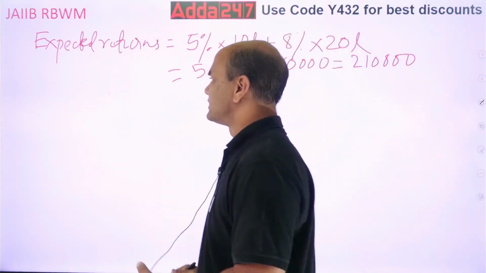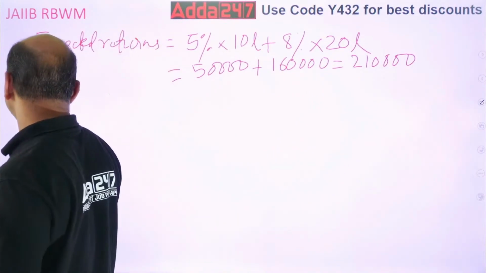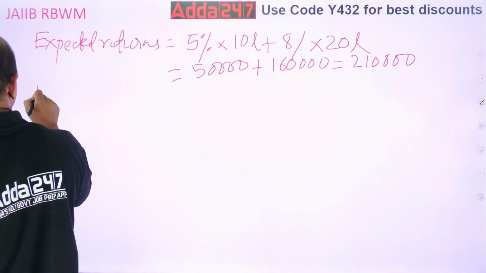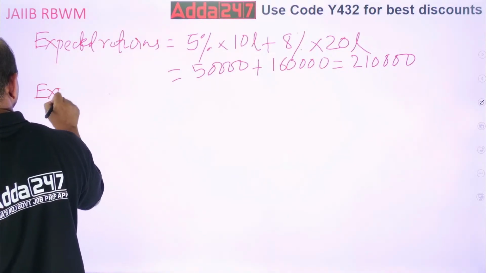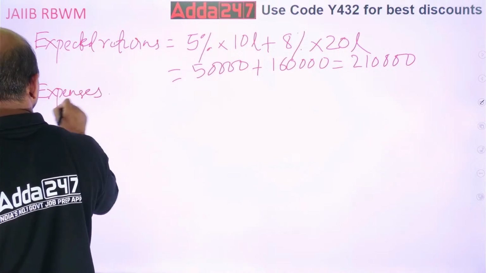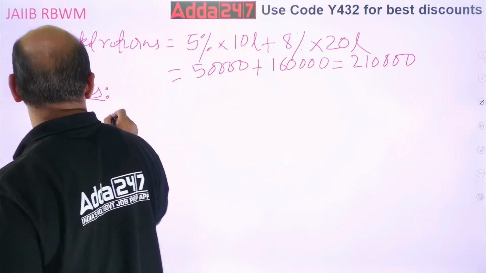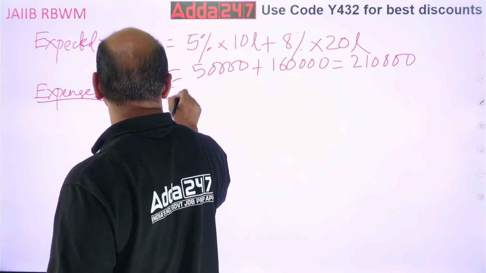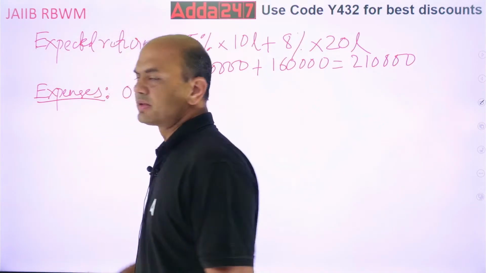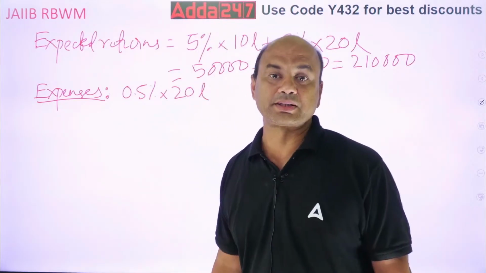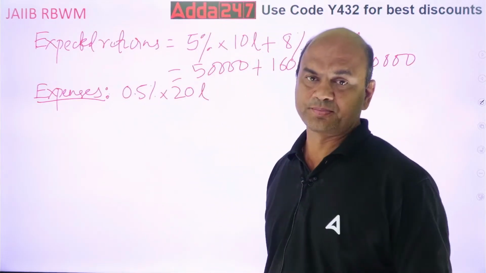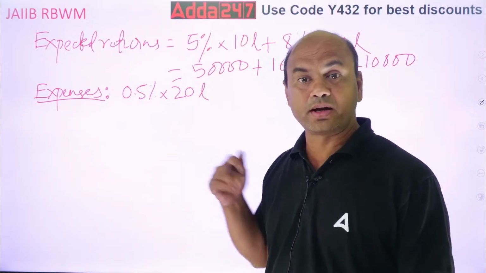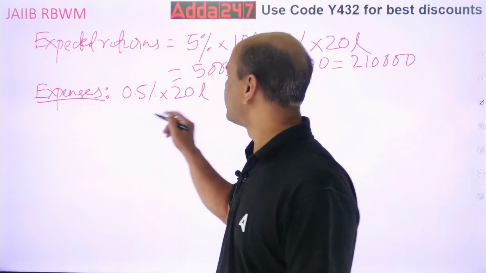Expenses, number 1: 0.5% into 20 lakhs. The cost of construction is 20 lakhs. 0.5% of 20 lakhs. Percent means divide by 100, so it is 0.05.